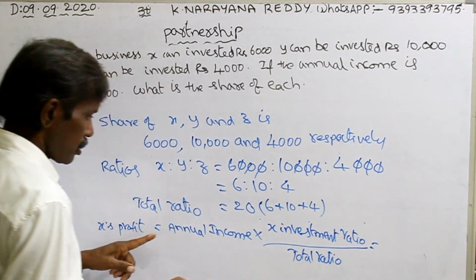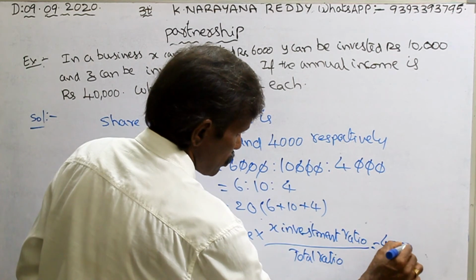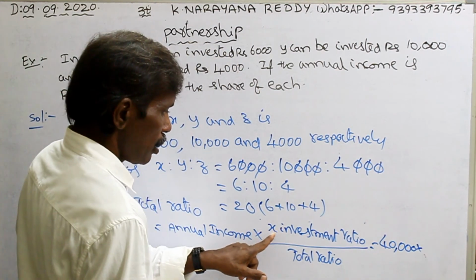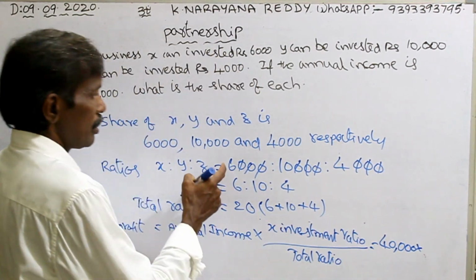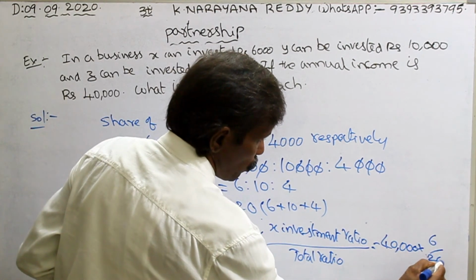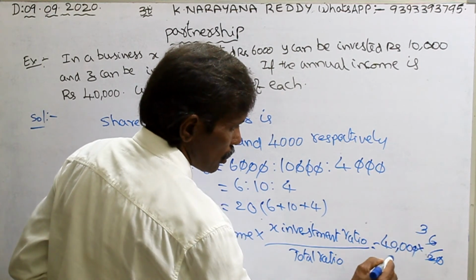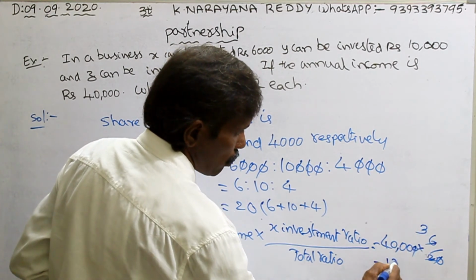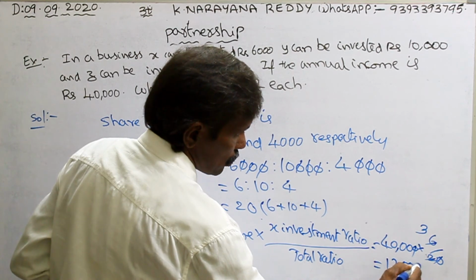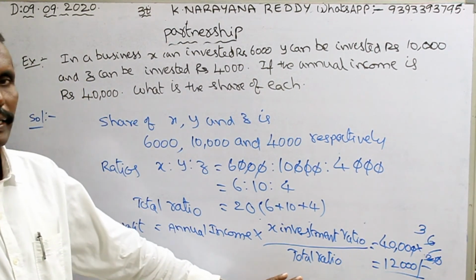That means annual income 40,000 into X's investment ratio 6, total ratio 20. The zeros get cancelled, 2 3. That means 4 3s are 12, with 3 zeros. This is the profit of X.